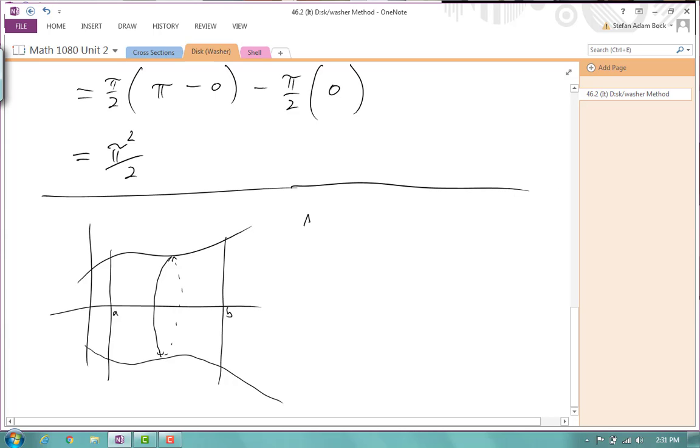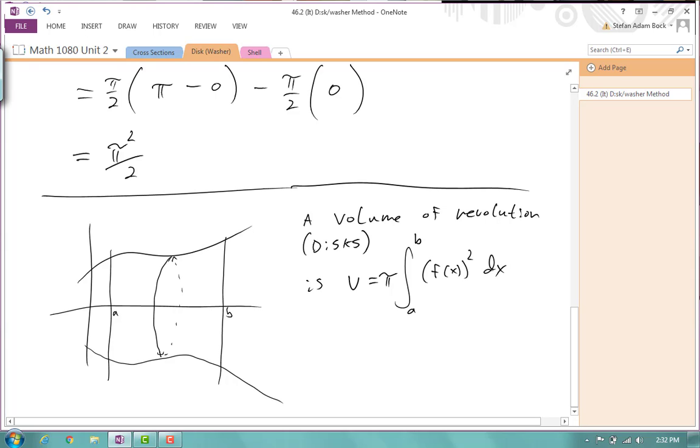So the volume of revolution using disks, because the cross sections or the slices of my object are all going to be circles, is V equals pi times the integral from a to b of the square of the function dx, because each slice is a circle and the radius of that circle goes from the axis of revolution, which is the x-axis, up to the function.